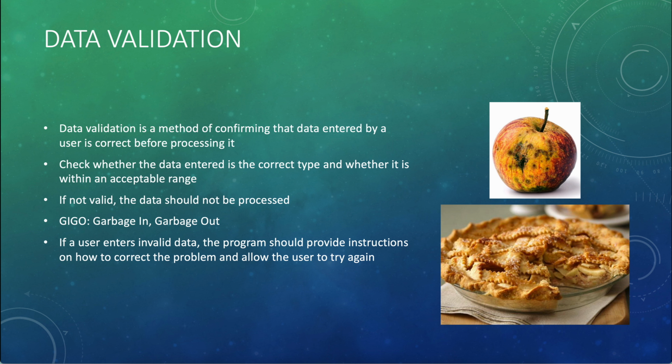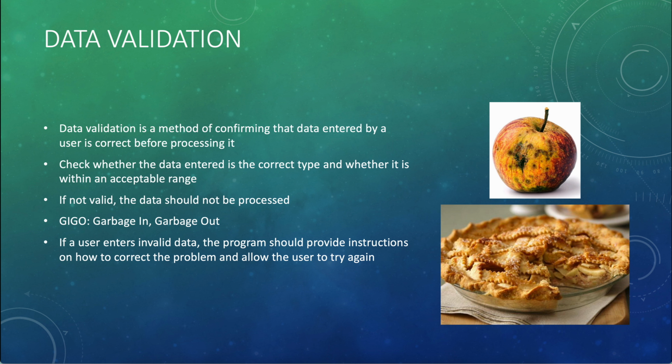If you use a rotten apple like the one in the picture, and you cut that up and try to make an apple pie, you cannot expect to get a beautiful, delicious apple pie like in the bottom picture out of that rotten apple. What you put in is what you're going to get out. So if you put a rotten apple in, you are going to get a nasty apple pie that does not look appetizing and probably doesn't smell good either.